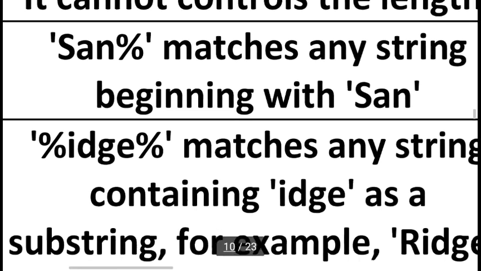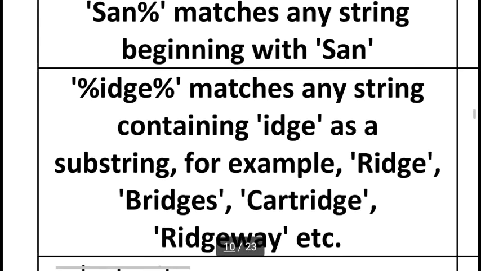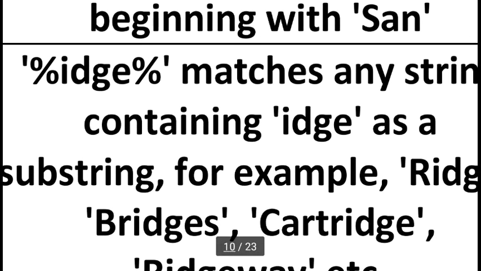Here I am taking another example: IDG with percentage before and after. It means IDG is compulsory in the result, but anything can come before and after.